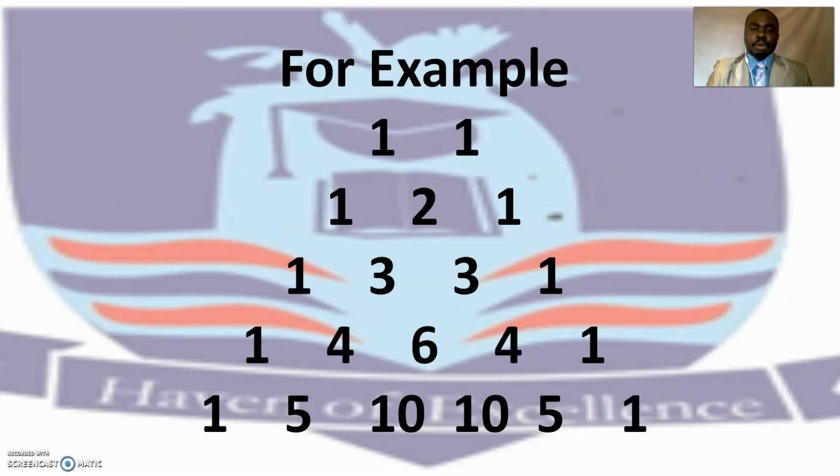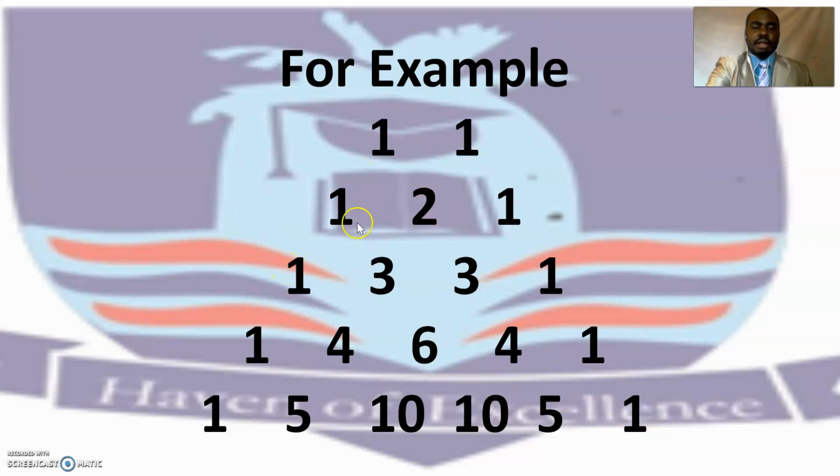This is an example of a Pascal triangle. Here we have 1, 1. So we have 1s at the edges. Every new line starts with and ends with 1. To get the number in between, we add these two. 1 plus 1, 2.